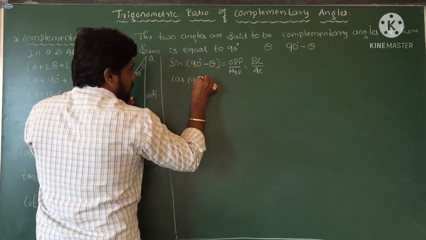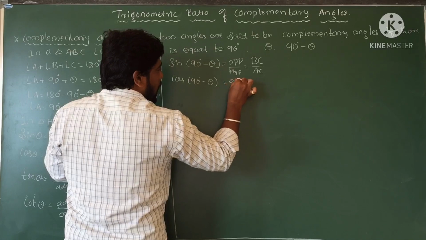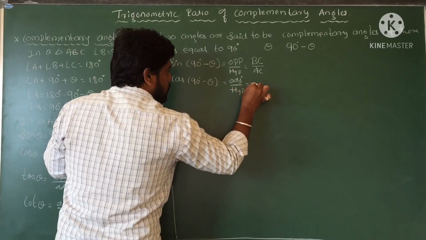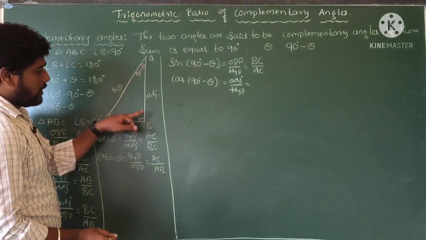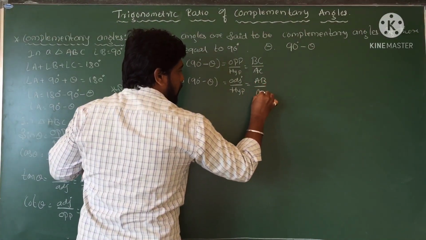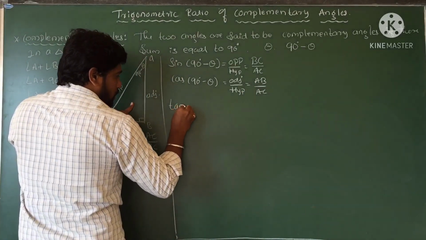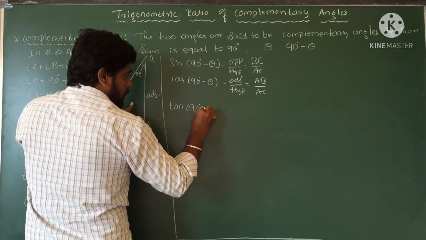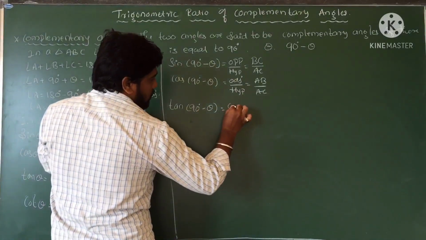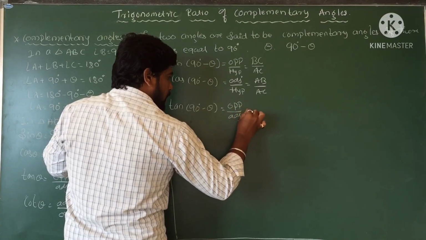Next, cos 90 minus theta. It is adjacent divided by hypotenuse. The adjacent here is AB. AB divided by hypotenuse AC. So next one, tan 90 minus theta. Tan 90 minus theta is opposite divided by adjacent.